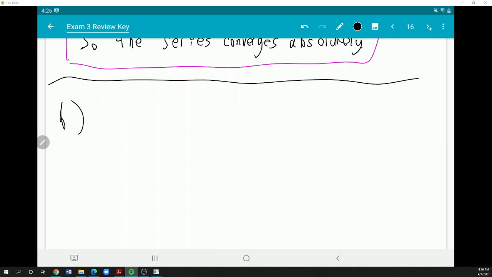Part B. What's the sum this time? This one looks like it would be a doozy. Minus 1 to the n, minus 1, 2n squared over n squared plus 1 to the power n.